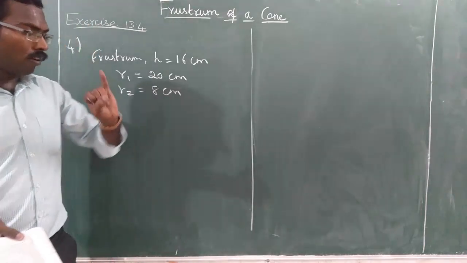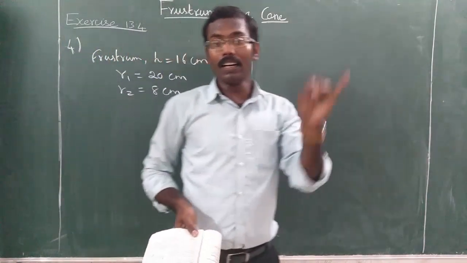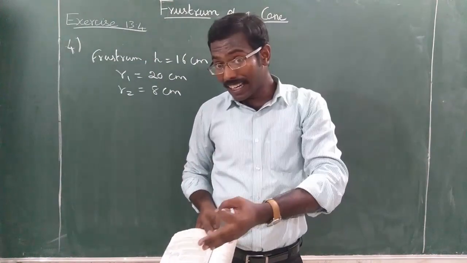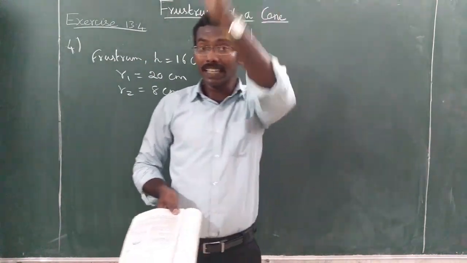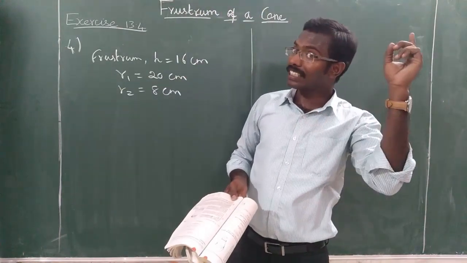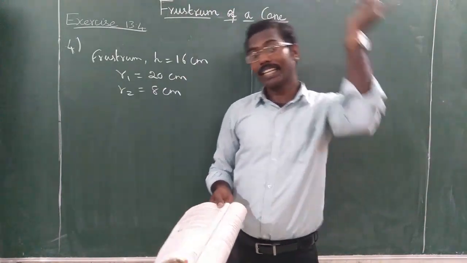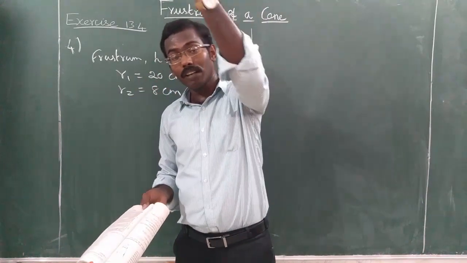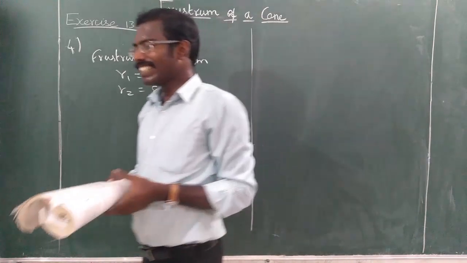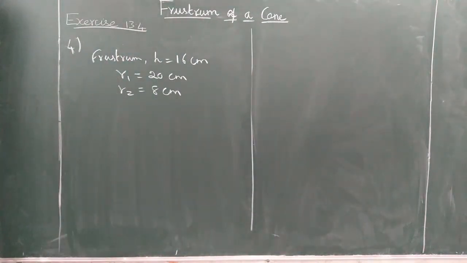So what you have to find? First the volume, then cost of the milk. Then the area of the container and cost of the metal sheet. That is the cost required for making the container. Okay, it's really a big sum, but we can do it.